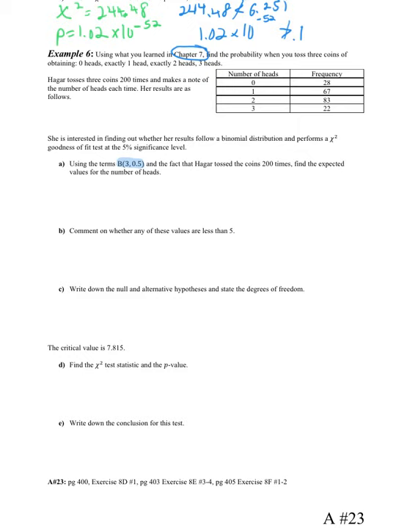A coin toss is independent, right? So you're going to use binomial distribution first to find the expected values for the number of heads each time. And what that's saying again is you're tossing the coin 3 times and you have a 50-50 shot each time.